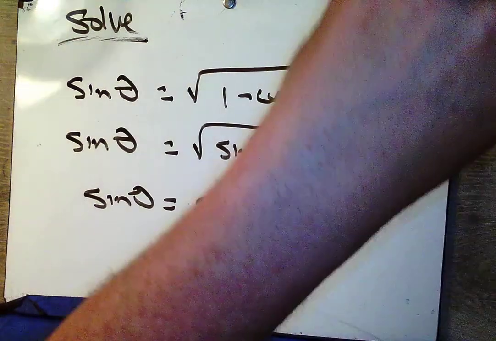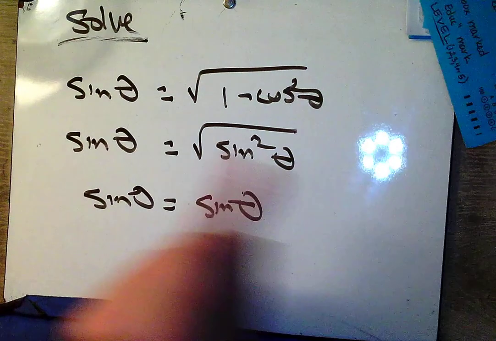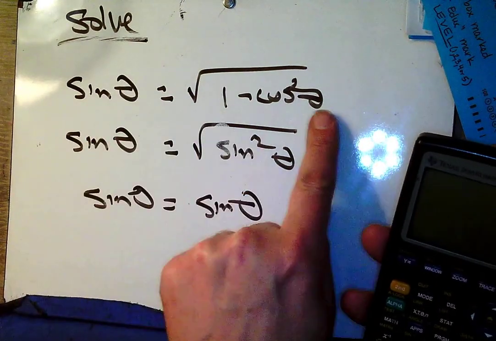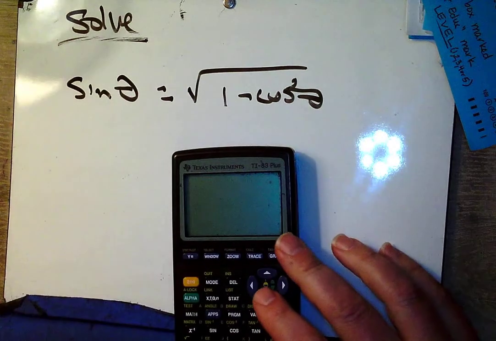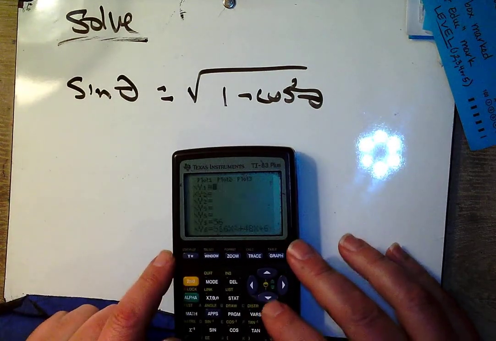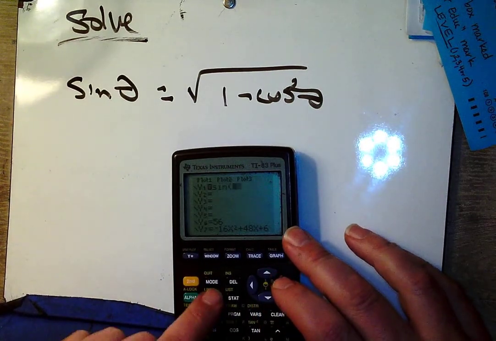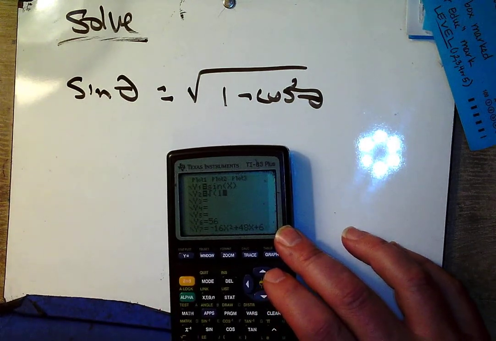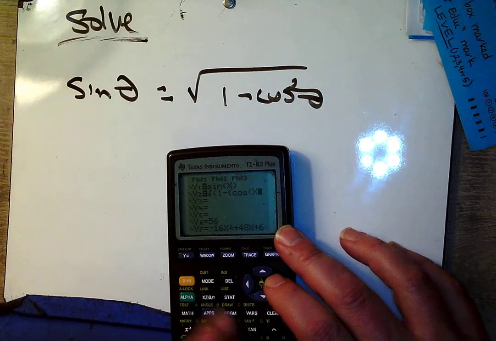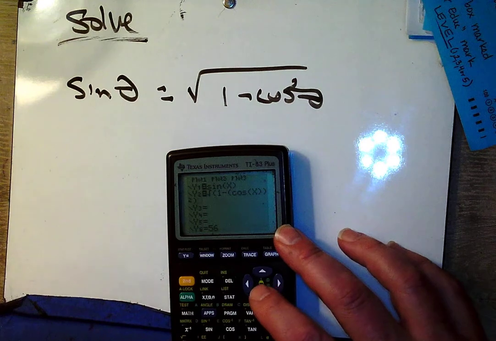Well, let's take a look at this on our calculator. I'm going to grab this in y1, and I'm going to grab this in y2. And let's see what we see. y1, I've got sine theta. y2, I have square root of 1 minus parentheses cosine theta, close parentheses, squared, close parentheses.